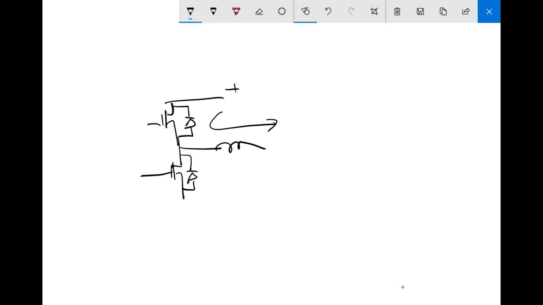You turn off this transistor, then the current will flow here, and since it will flow through the diode and the voltage of the diode is, say, 5 volts, the dissipation will be fairly high. So you would have to turn on the transistor in order to reduce the voltage drop. That is, there will be a certain dead time. You cannot avoid it, because from the time you turn off the upper one and turn on the lower one, you must have some dead time. The diode is conducting, and then you turn on the transistor.